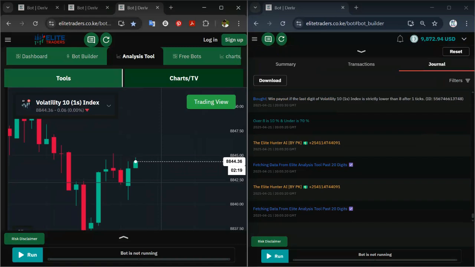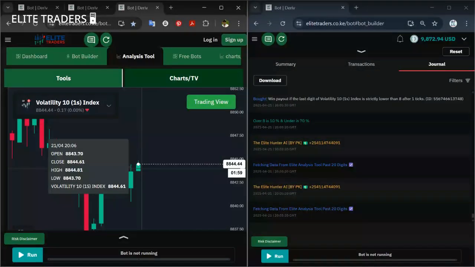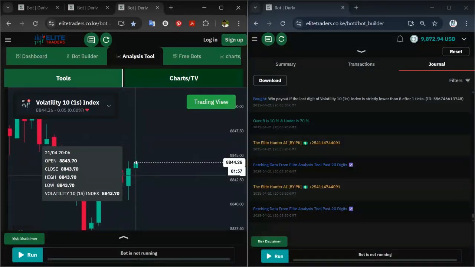Kama hii market ni best for over, in case unaenda those long contracts, ama una trade those market with low payouts. But just in case you just want to take about 4 or 5 contracts, then you leave the markets. It's well and good. But in case unajua like unataka kwenda contracts mingi, make sure in case you are trading under, don't get into a market yenye inakaa hivi.